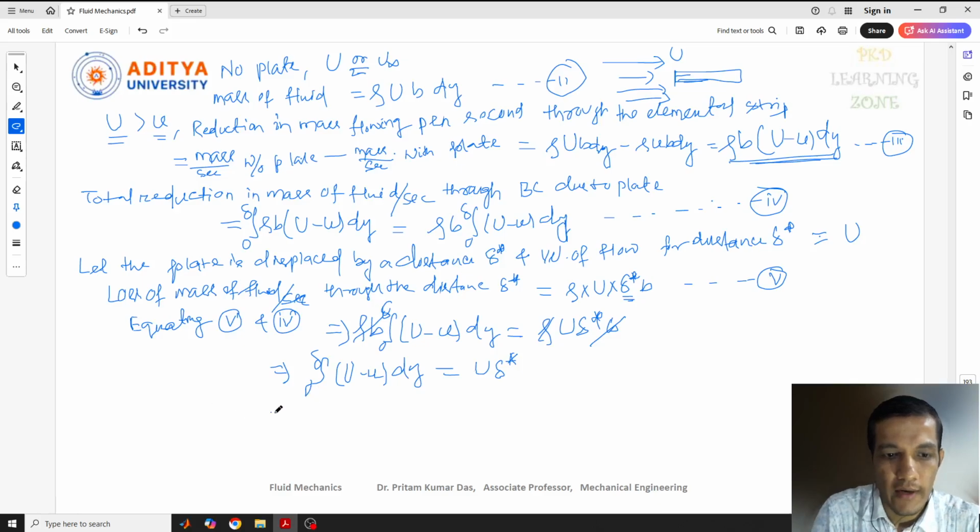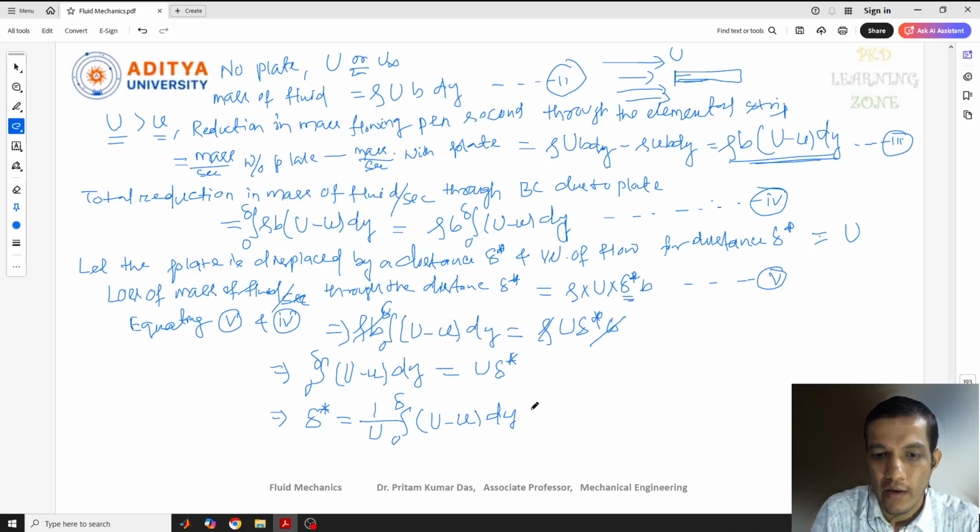Now I'll take delta star to one side, because I need to find the delta star equation. So we get 1 by capital U, integration 0 to delta, capital U minus small u dy. Now let me take U inside: integration 0 to delta, (U minus small u) by capital U into dy.